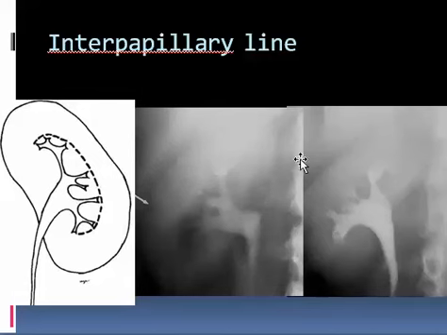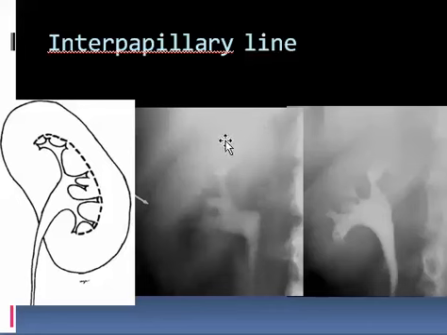Here is a nephrogram with parallelogram. It's 5 minutes or something like that, where you find good filling of the pelvicalyceal system with relatively starting filling of the ureter.